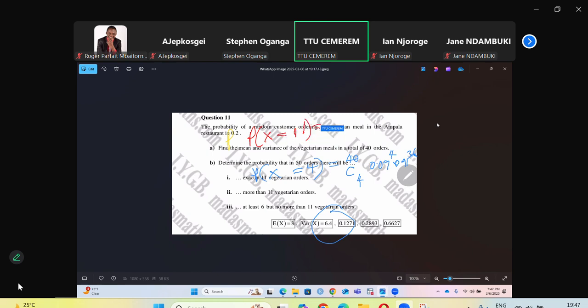So probability of X is equal to 11 will be equal to N combination X, which is 40 combination 11. Then probability of ordering vegetarian, 0.2. Is it 40 or 50?